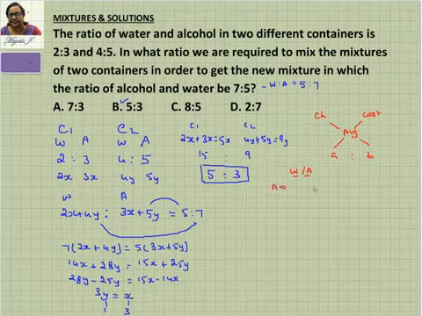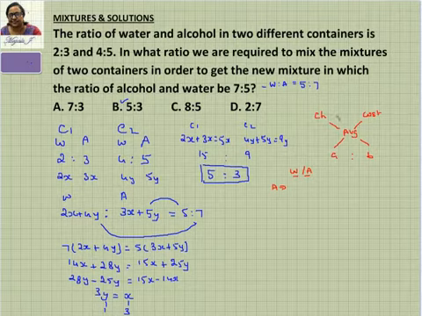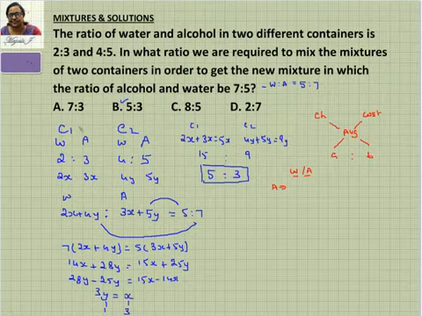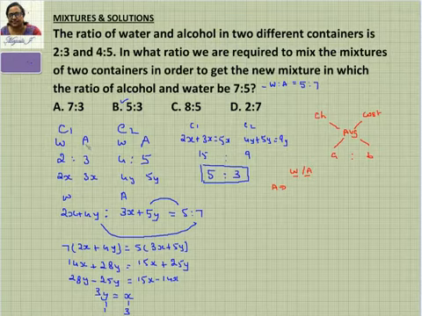Now tell me, in the first one, I cannot say that always this should be cheaper and this should be costlier. We can also interchange. One value should be here, the other value should be here, and the middle one should be the average of the two. So we have to consider the container 1 alcohol. What is the proportion of that? Alcohol in the first container is 2 is to 3. Therefore, this is going to be 3 parts out of the 5 parts.